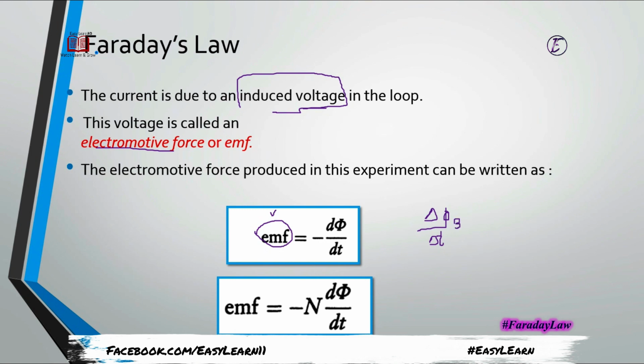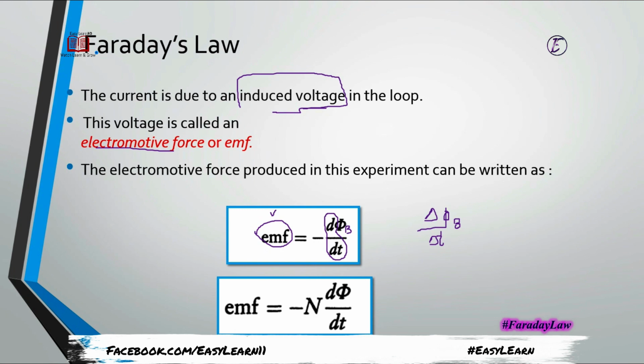You can also write the subscript B, but it doesn't matter if you write it or hide it, because phi is always used to represent magnetic flux, and it is understood. d over dt represents the change with respect to time.